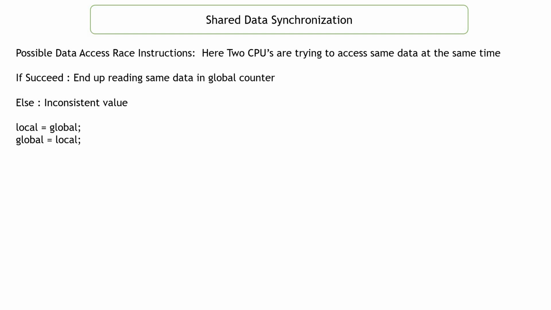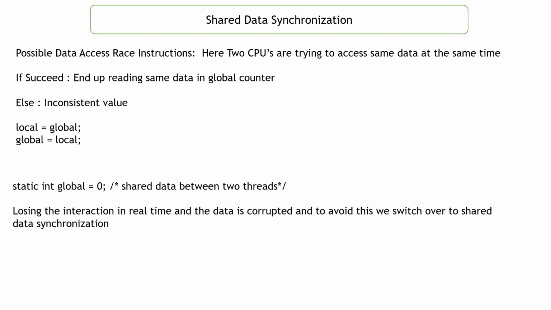The local variable becomes the global and the global becomes the local. So the shared data between the two threads is like static int global equal to 0. We encounter the condition where we lose the interaction in real time and the data is corrupted. And to avoid this, we switch over to shared data synchronization.